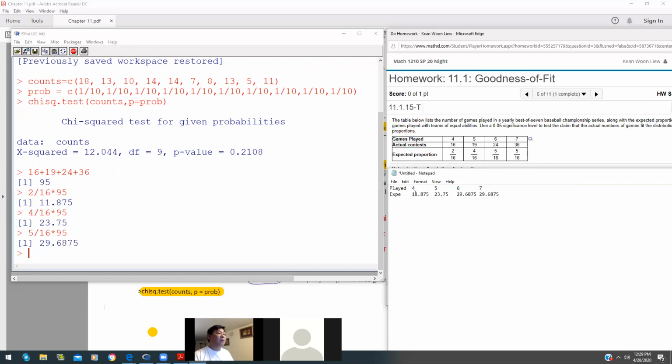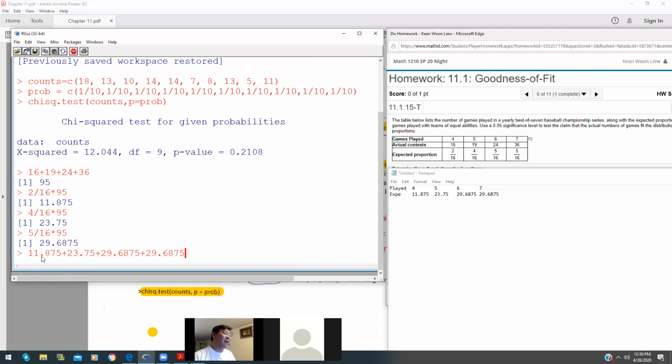So do you guys know what happens when you add all these numbers up? What do you get? 100? Not 100. 11.875 plus 23.75 plus 29.6875 plus 29.6875. Anyone know what that is?